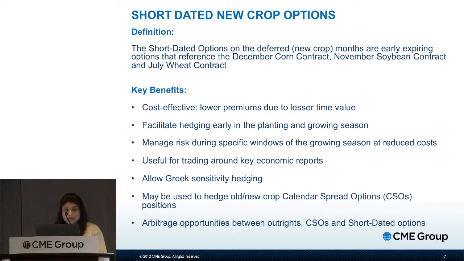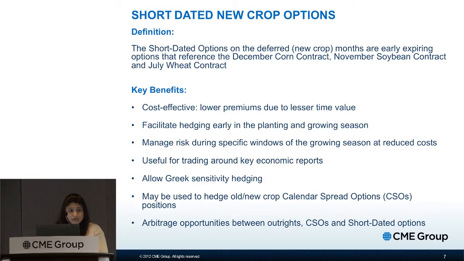So this gives the hedger the facility to hedge earlier in the growing and the planting season in a much more cost-effective way, because premiums are much lower because of the lesser time value. It helps to manage risk during specific windows during the growing period. It is also useful to trade around key economic reports, because December, which is the new crop, may be impacted by the different USDA reports that come out.